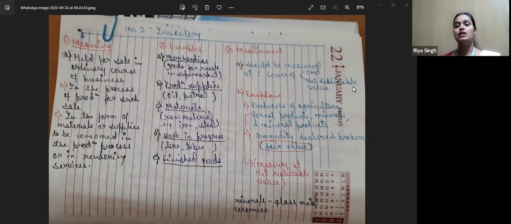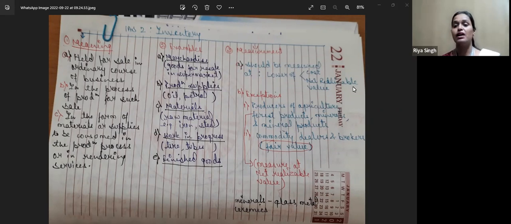The cost includes any purchases we have made to make this inventory, any conversion costs we have incurred, and any other expenses incurred in bringing that inventory to its present condition. All of that will be your cost of the inventory.